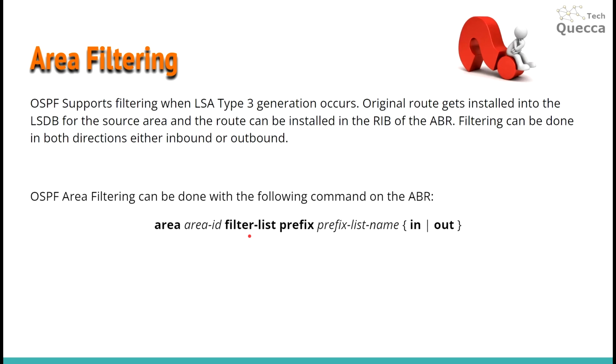And OSPF area filtering can be done with the following command on the ABR. Area ID filter-list prefix, and then prefix list name, and then you need to specify either it needs to be filtered inbound or outbound. Let's see this in example.